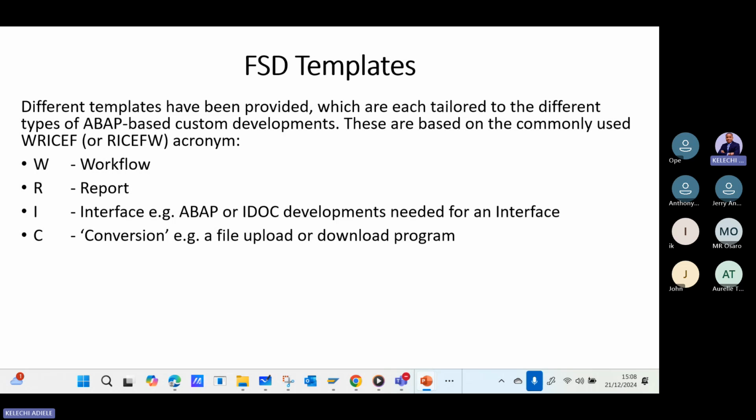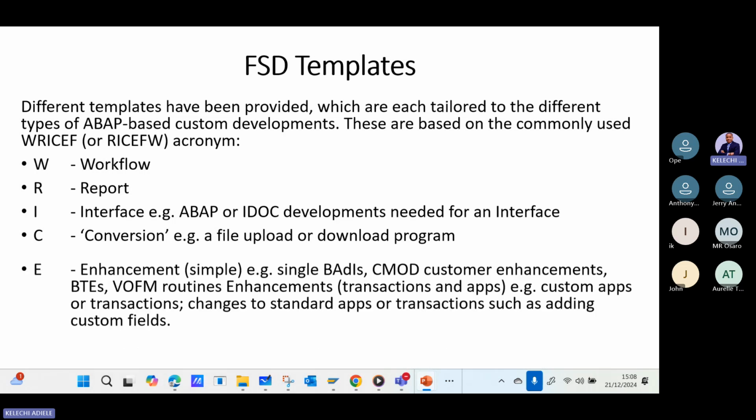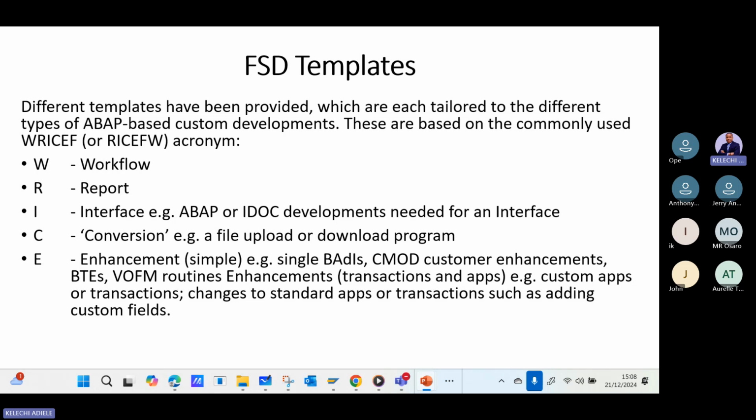The other one is conversions: how to load or upload files from one system to another. If you have those gaps, you have to use conversions to close them. Then enhancements. You're most likely going to get enhancements in every project. Sometimes you need to make changes to certain transactions or documents.